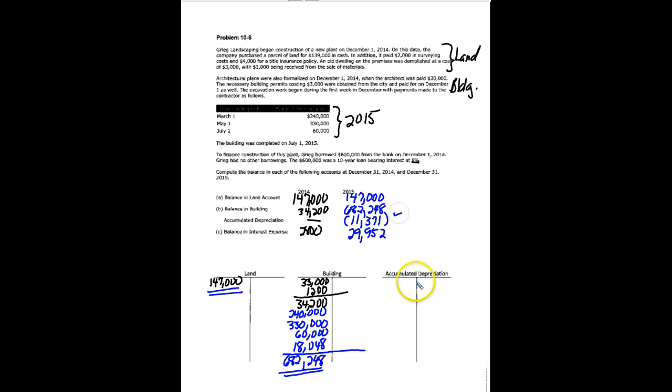And I could post that $11,371 into the accumulated depreciation, and we're done. Okay, so that goes through how to calculate those weighted average accumulated expenditures, how to arrive at avoidable interest, actual interest, and choose the amount that we'll capitalize.